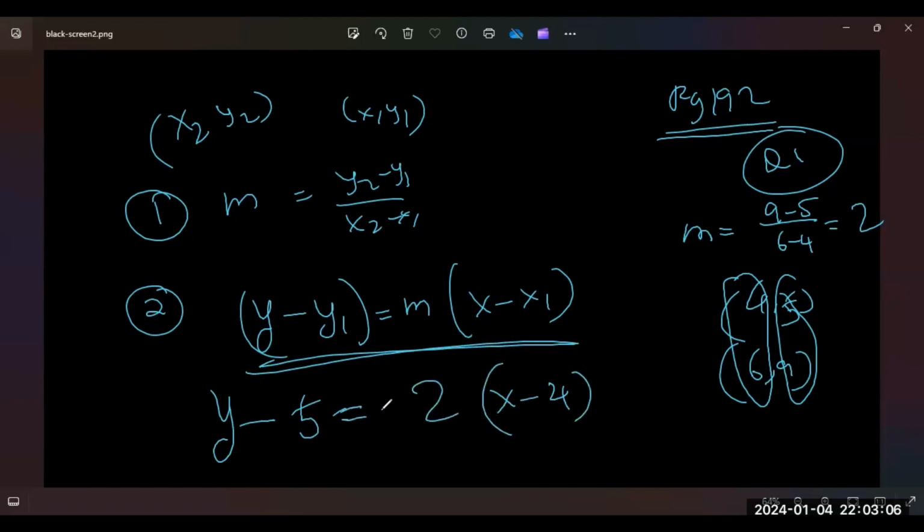Open the brackets, simplify and tell me the form as y equals something. So it would be y equals 2x minus 3. Perfect. 2x minus 3, that's it. That's the equation of the line.